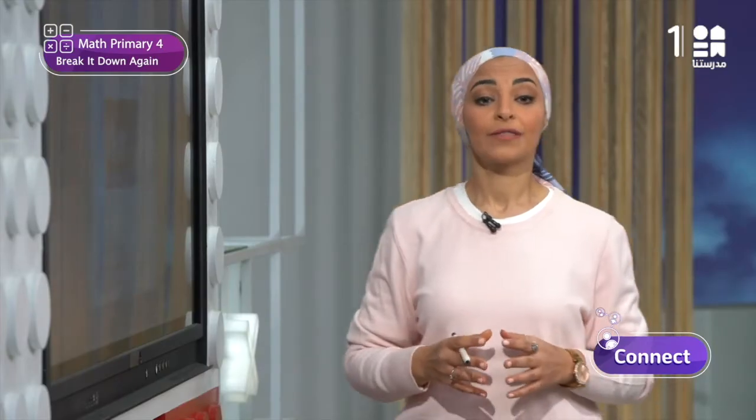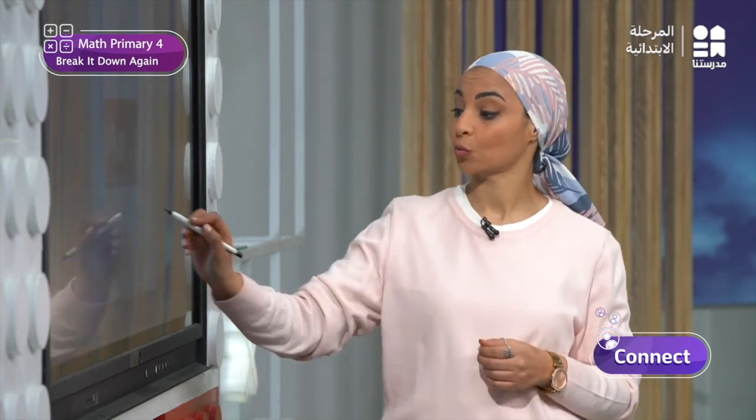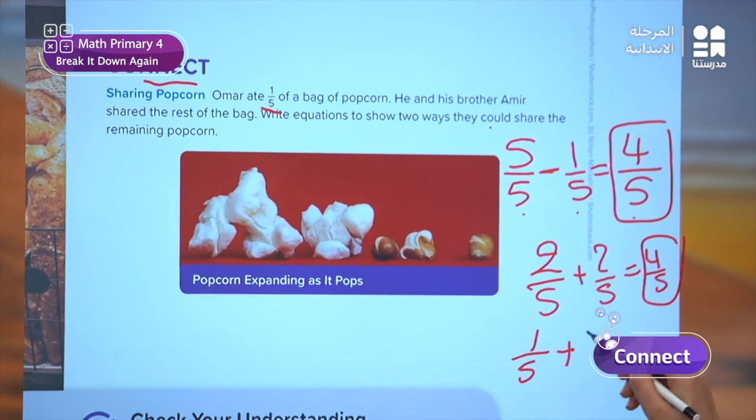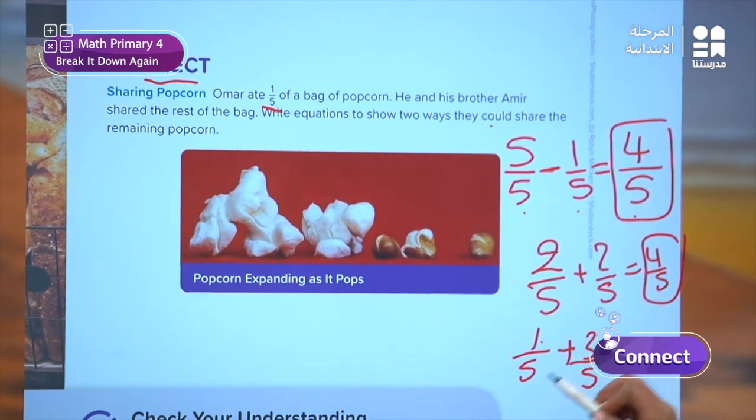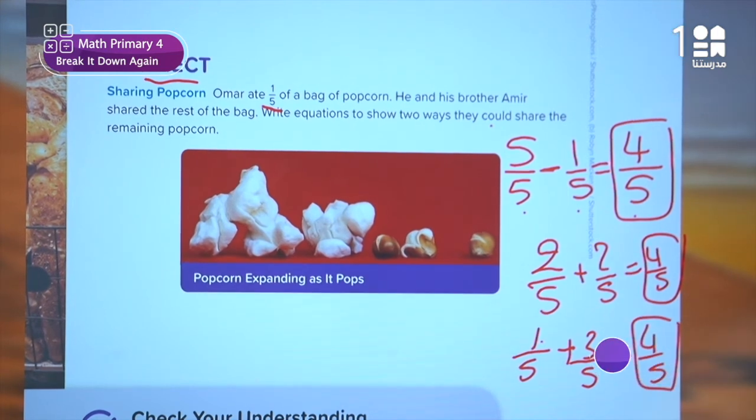Now if they share unequally, meaning each one does not take exactly the same as the other, one of them may take 1 over 5 and the other takes 3 over 5. 1 over 5 plus 3 over 5 also gives me 4 over 5.